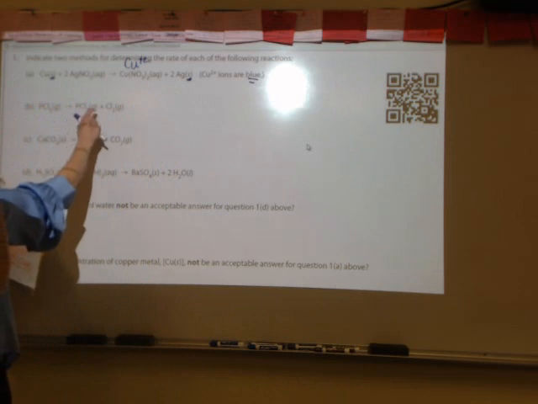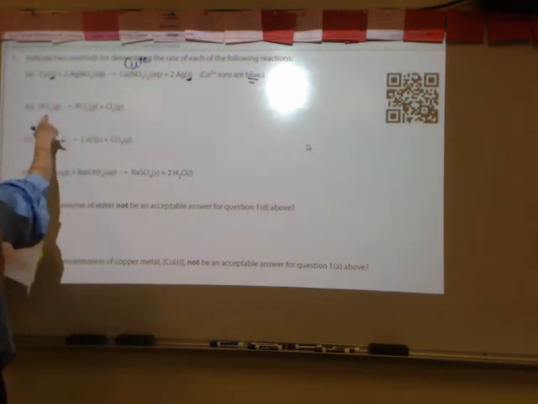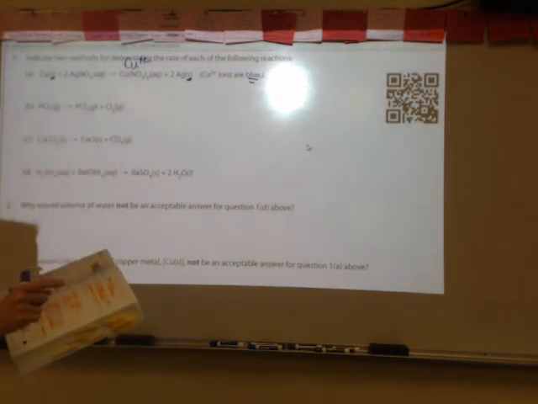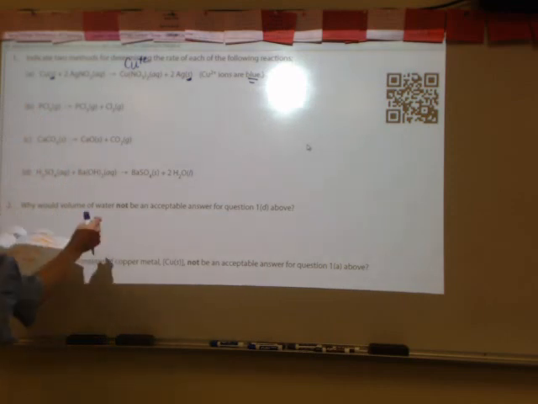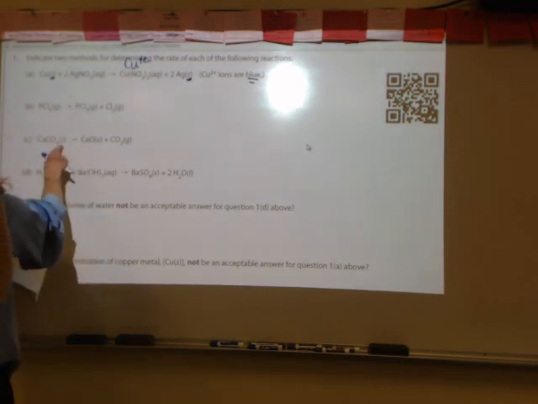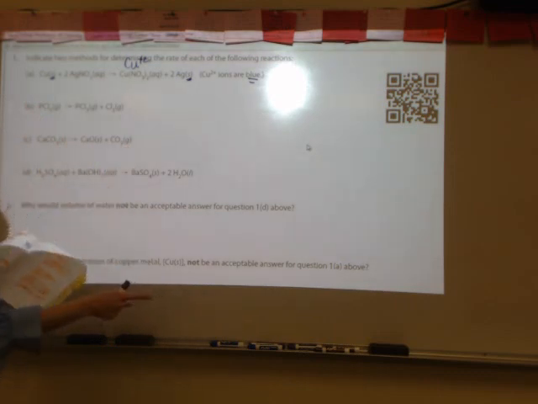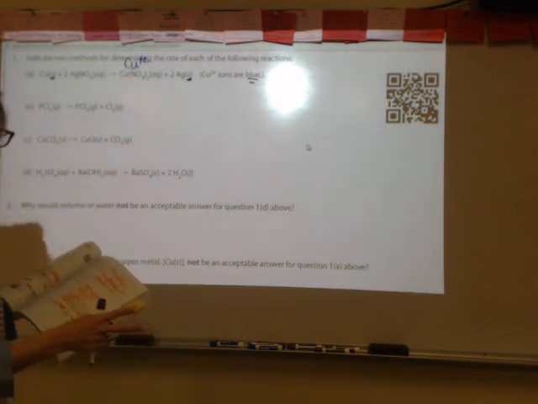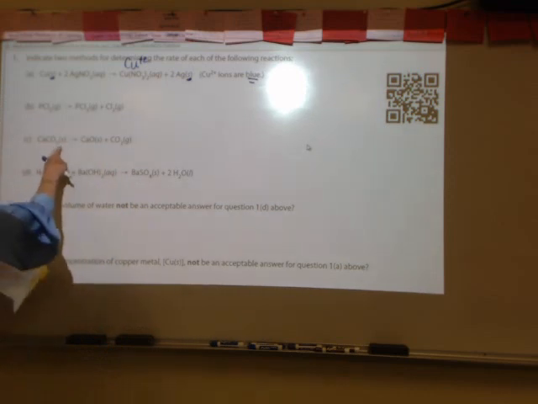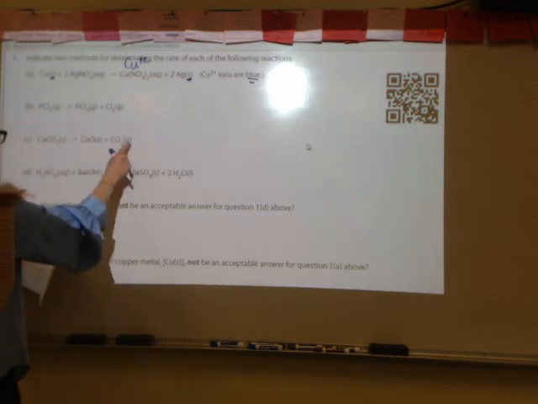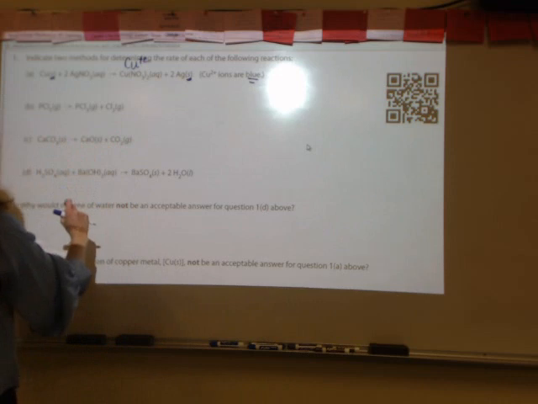For B, you're producing 2 gases from 1, so there's going to be a pressure change, and there will also be a volume change. For C, you've got a solid reactant. You're producing a gaseous product, so there will be a volume change again and a pressure change. You've also maybe got a mass loss here if this is in an open container because this carbon dioxide will leave.